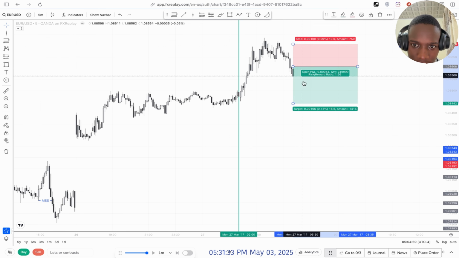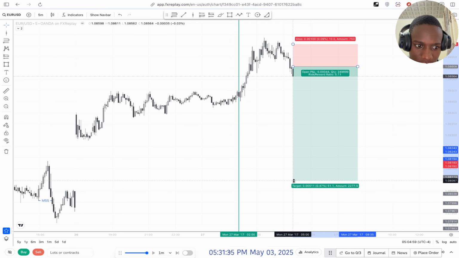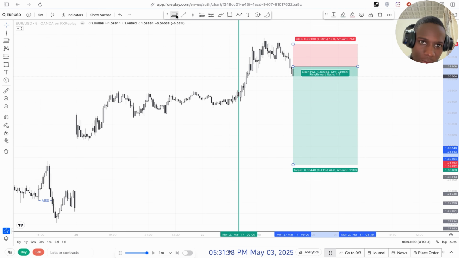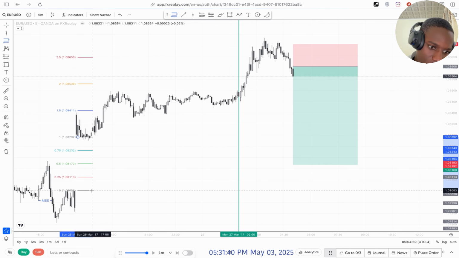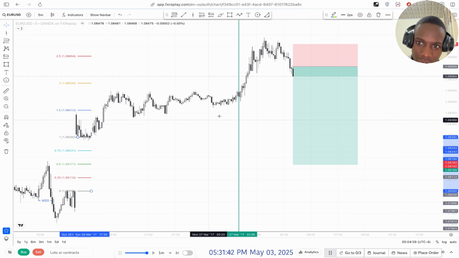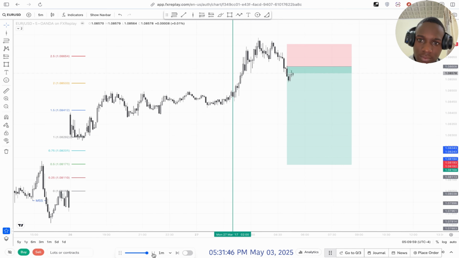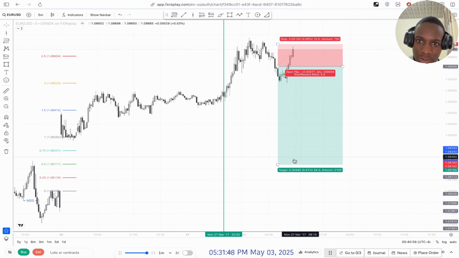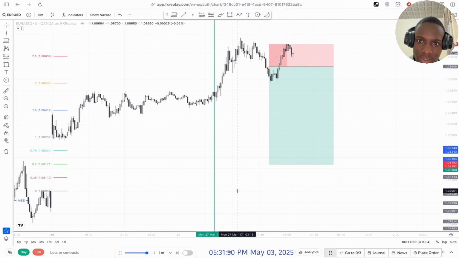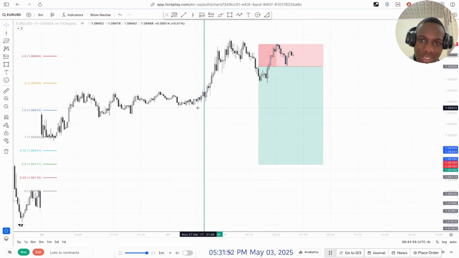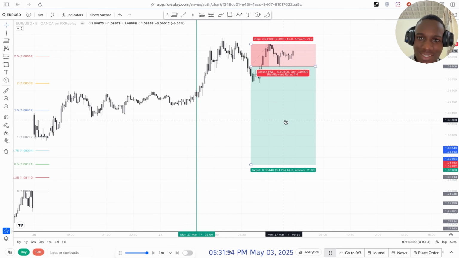Put the stop loss right here, and we'll be targeting somewhere. Let's target the midpoint actually. So the midpoint will be somewhere here, which is where our TP actually is. So let's see if it drops to that point. Stops us out. I know this setup is valid.